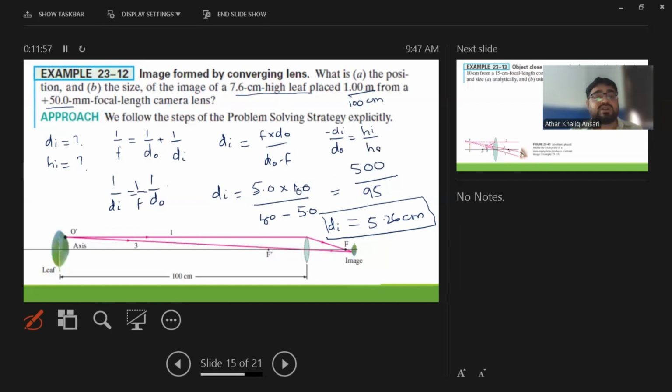You are asked to find hi. So hi is equal to negative di, 5.26, times ho, which is 7.6, over do. Distance of the object is how much? 100, right? Negative. So there is a negative sign with the answer.